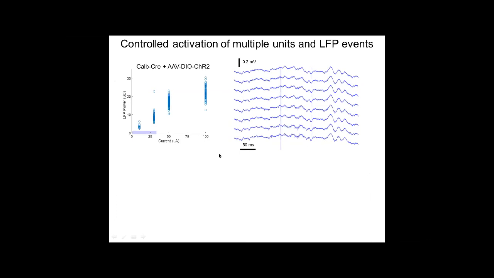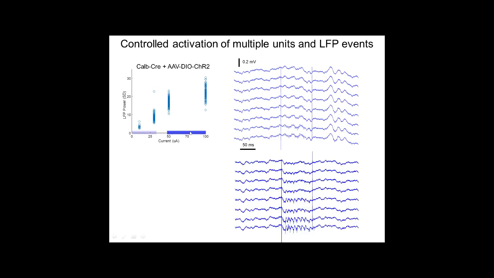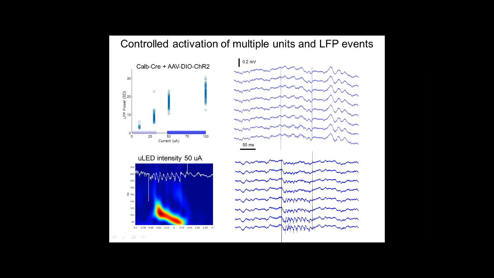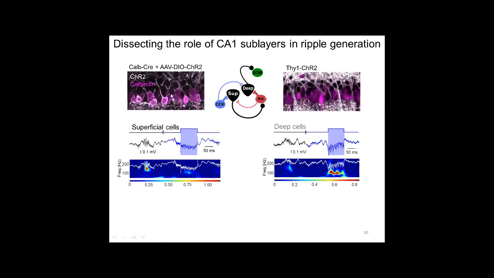Then you can shed more light, and using the very same shank as before we see specificity on the single cells that we were activating. If we increase the power of the light, we can actually induce ripples. We can induce synthetic local field potential oscillations in the frequency range of ripples, and these synthetic ripples could have different properties depending on whether we activate the superficial or the deep cells.